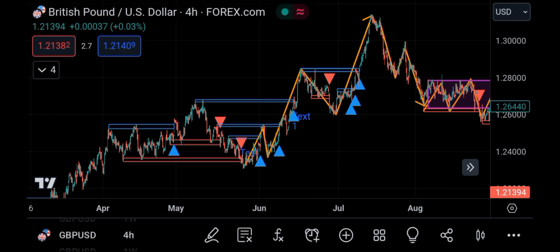In the same way, in the bull market, the price will continue making higher highs and higher lows until finally a higher high fails to be created, and instead a lower zone is created.